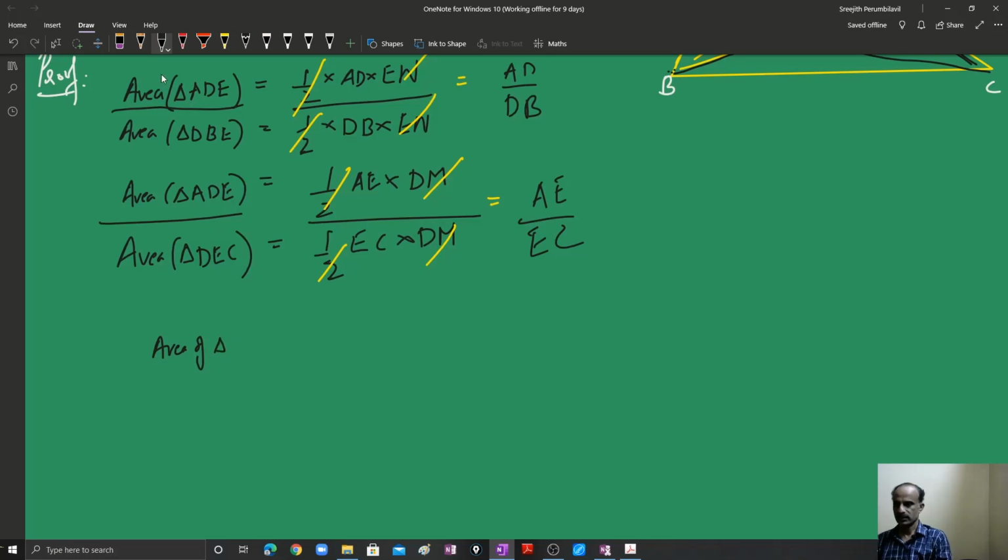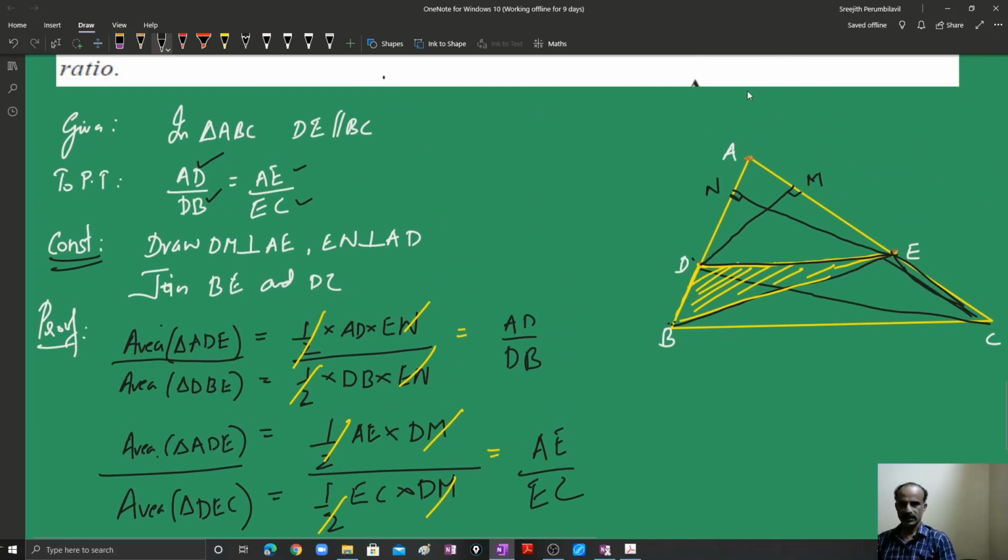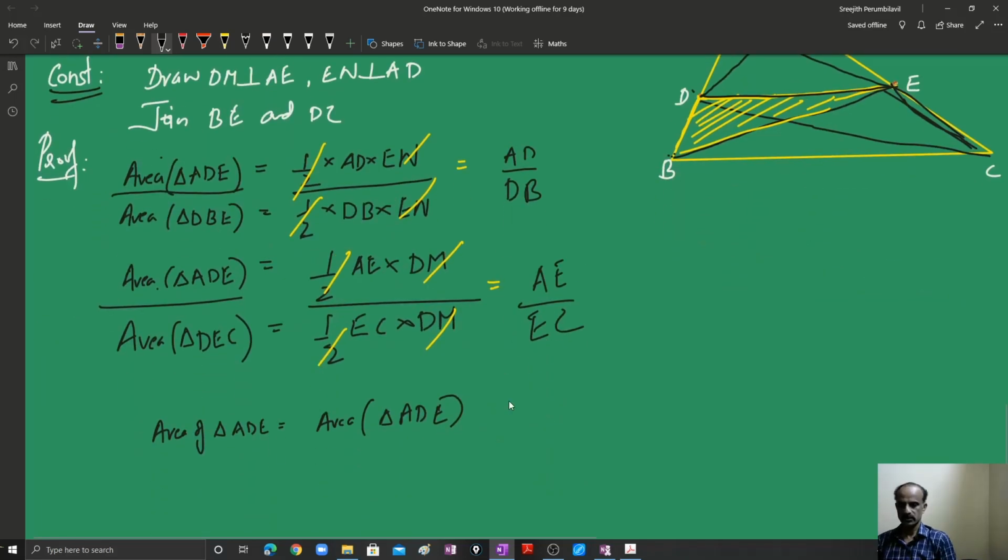Area of triangle ADE is equal to area of triangle ADE, because ADE or AED, both are the same triangle.